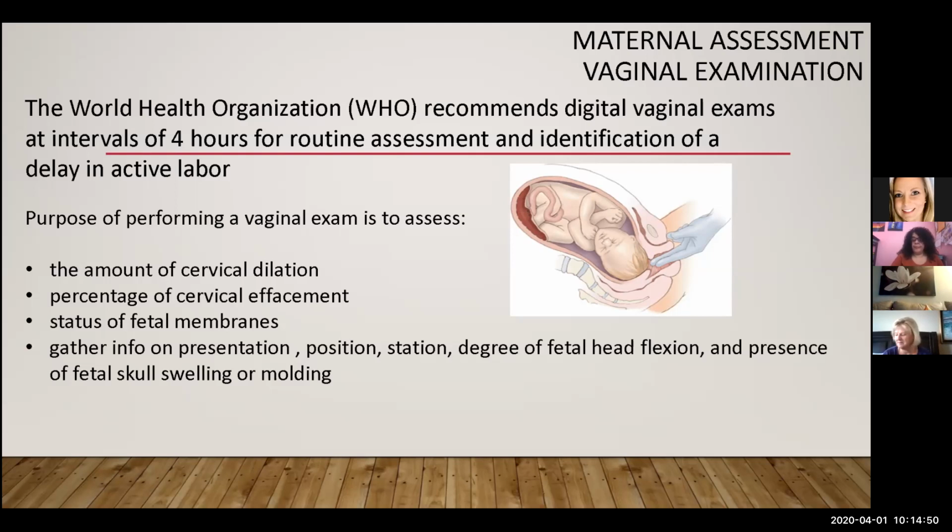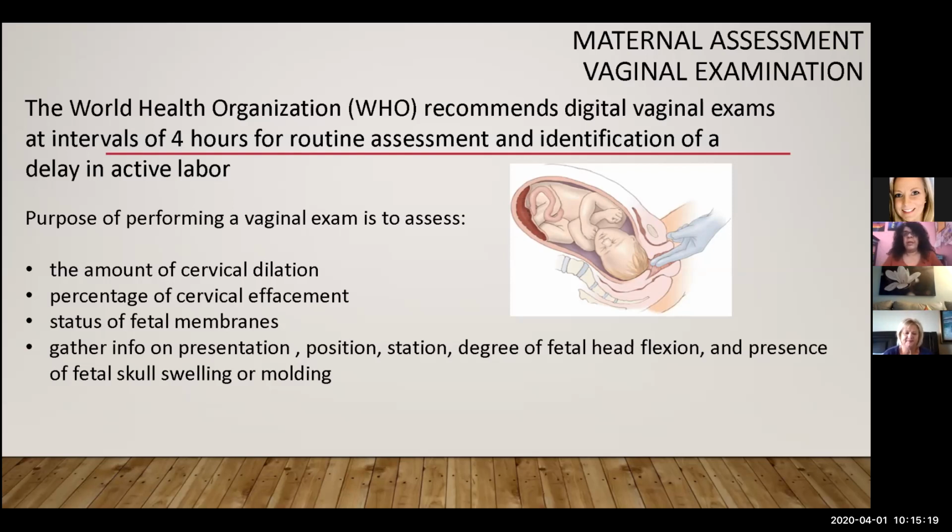Sometimes, for lack of better terminology, it almost feels like a firmer balloon or like Play-Doh at the top of the head. You can feel it's kind of squishy. It's not hard. You can't feel that bony prominence anymore. You feel more of a ball, almost like a harder balloon, I guess is the best way I can describe it. I don't know if Ms. Concepcion has a better way of describing what molding feels like.